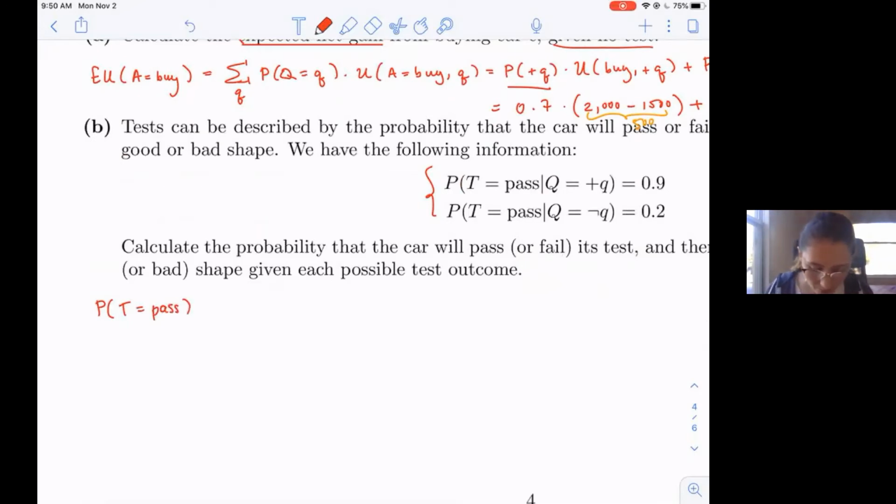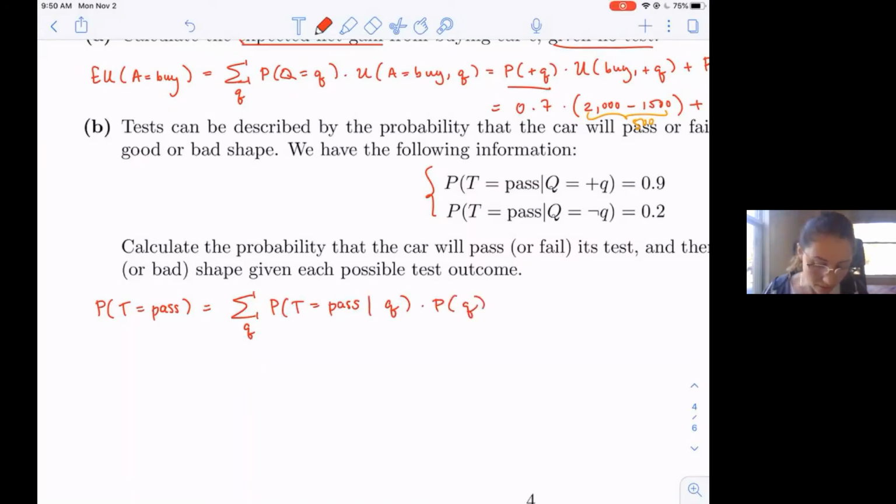Well, since we're given the probability of T equals pass conditioned on the quality of the car, what we can essentially do is use our probability knowledge to marginalize over the possible values of Q, and look at the probability of T equals pass conditioned on this value of our car's quality times the probability that our car is actually of that quality.